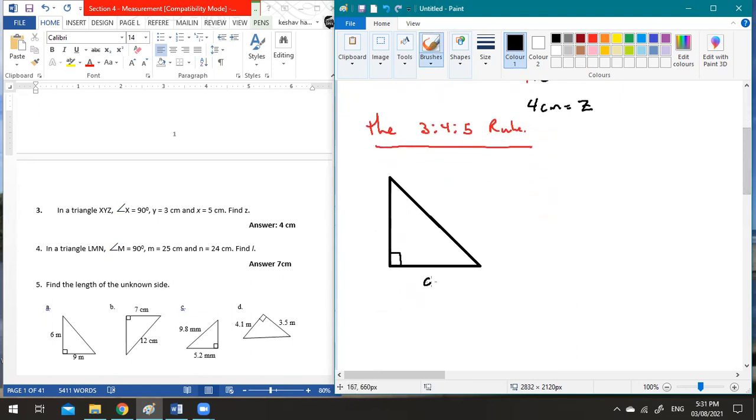So let's call this a, b, and h. It wouldn't be capital, it should be small h. Right? If this was to follow the 3, 4, 5 rule, so let's say this is a 3, this is a 4, and this is a 5.